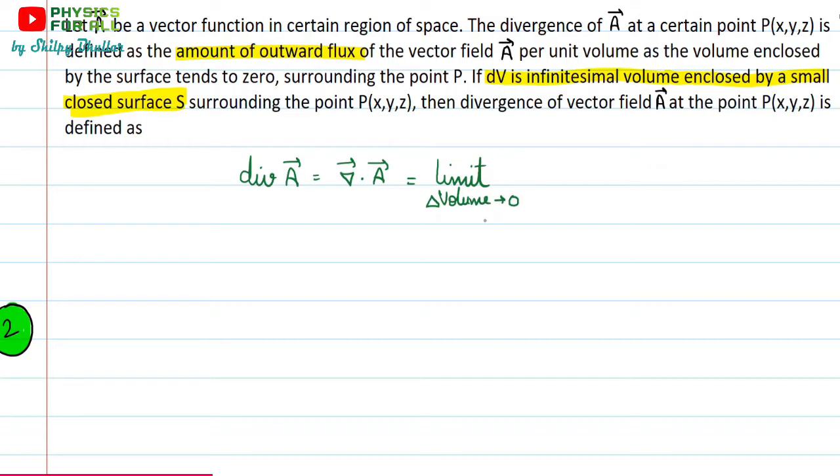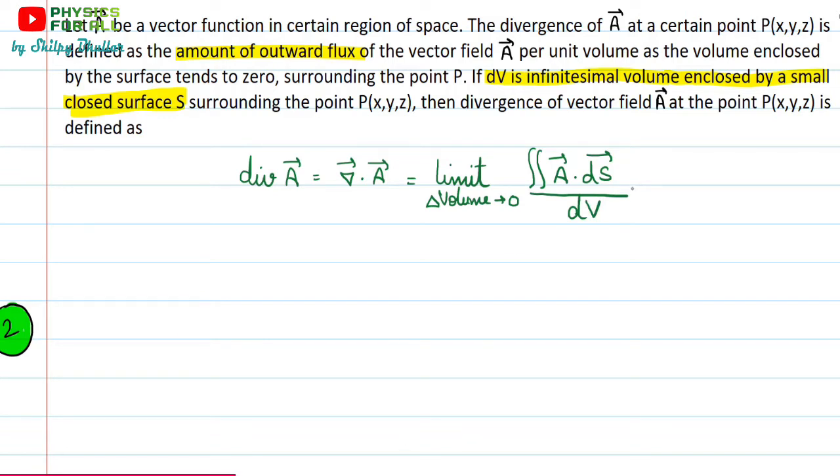That means whatever smallest volume we are considering, it is tending to 0. The volume enclosed is very small. So this is the meaning. And then we have A dot ds, which tells us the amount of outward flux of vector field A, and since it is per unit volume, we write dV in the denominator.